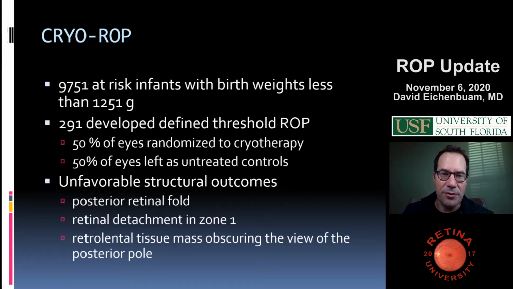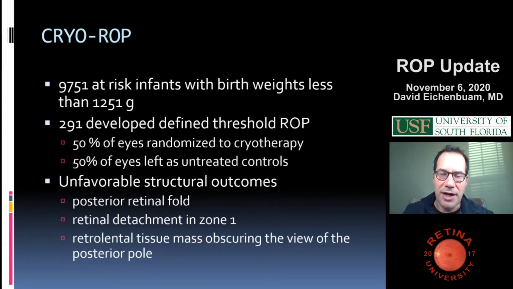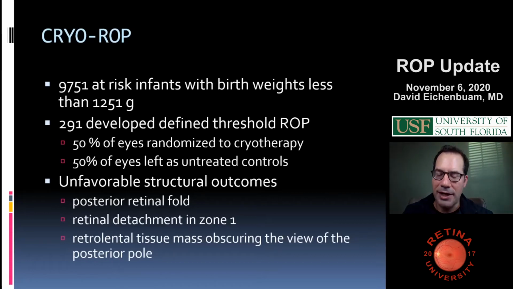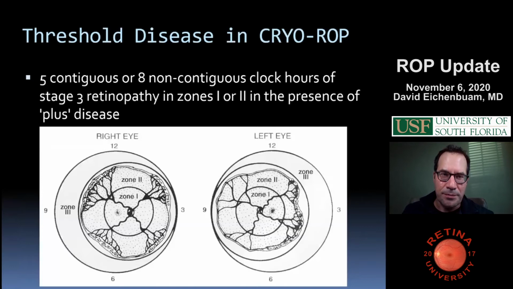Unfavorable outcomes, of course, were retinal folds, posterior detachments, retrolental tissue, and they used to call ROP retrolental fibroplasia because the retina becomes a closed funnel right behind your lens. I mean, this is like blindness, NLP blindness when things go badly in untreated and kind of old-fashioned ROP treatments.